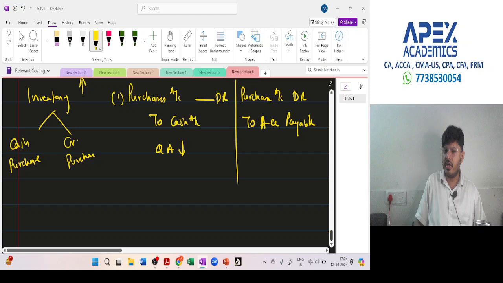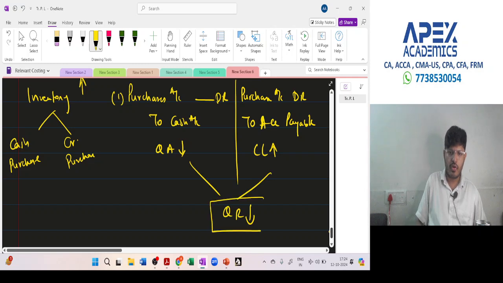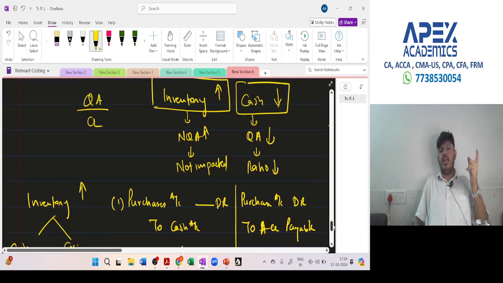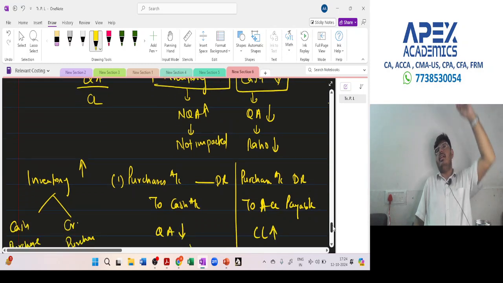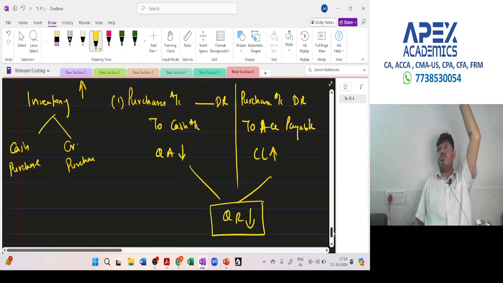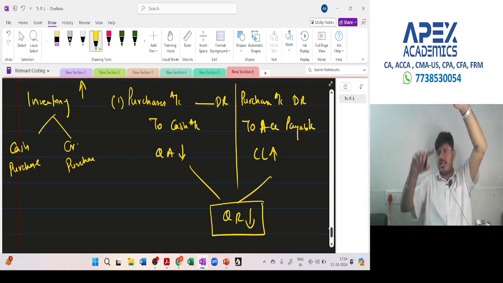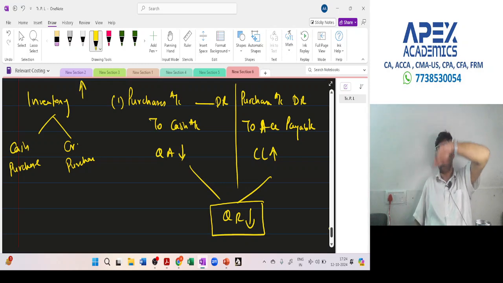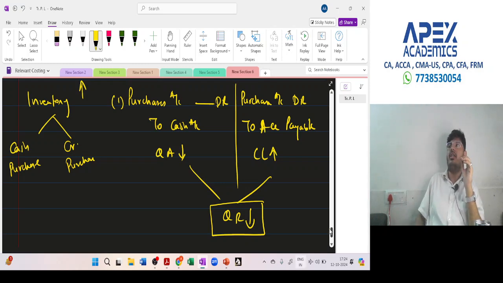Over here, your current liabilities will increase. So in both the scenarios, your quick ratio is falling. When the inventory is increasing because of a cash purchase or a credit purchase, your quick ratio is falling, because in the first case, your quick assets are reducing, and in the second case, your current liabilities are increasing. I hope you understand this particular aspect.